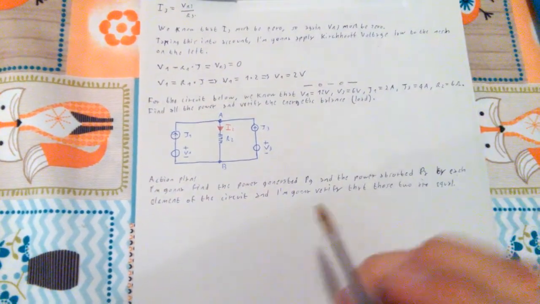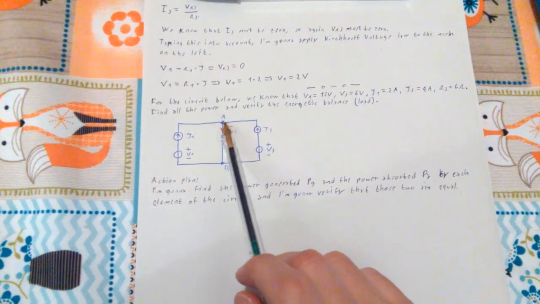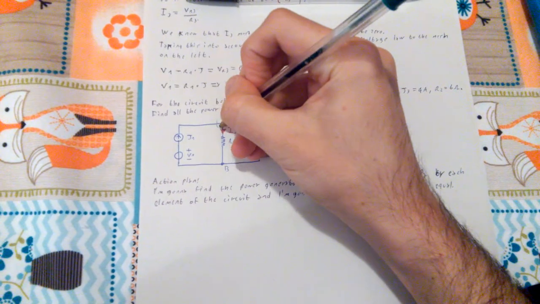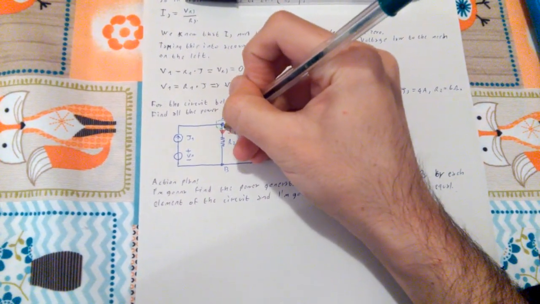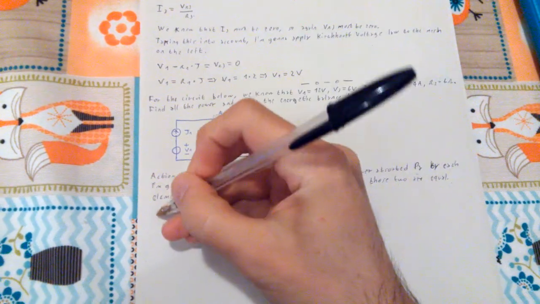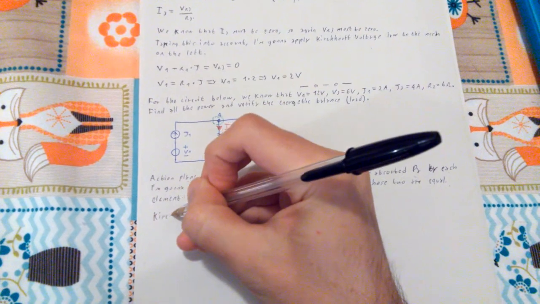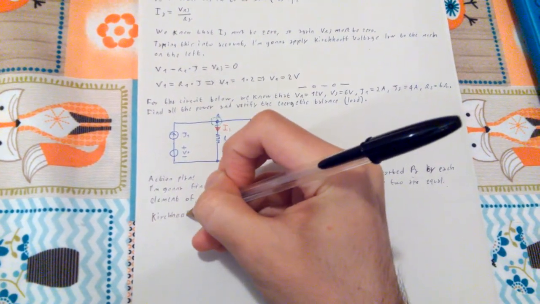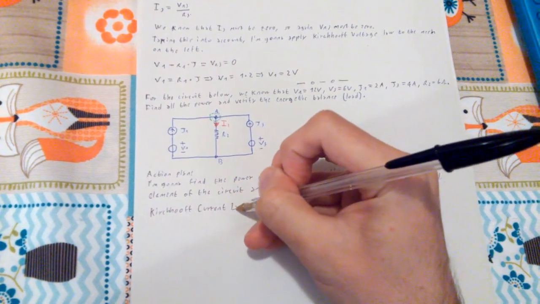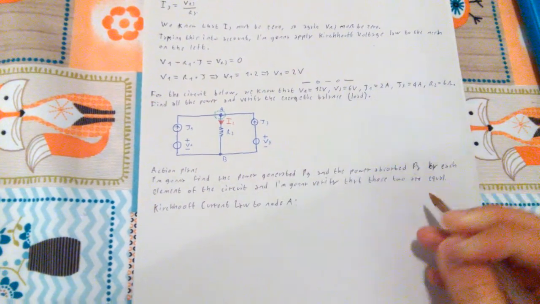We're going to apply the Kirchhoff current law to the node A. As I always do, I'm going to circle this one in green, just like that.